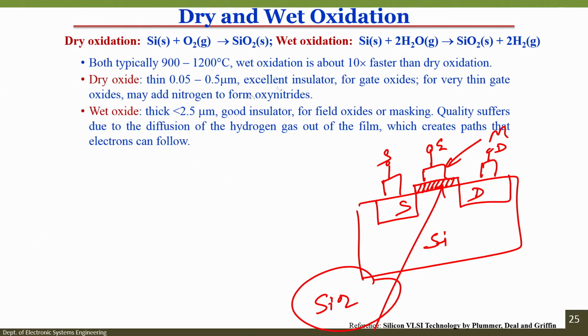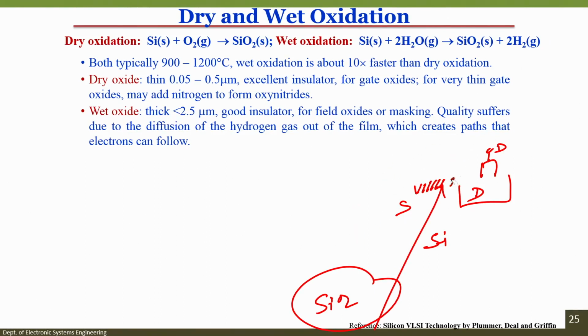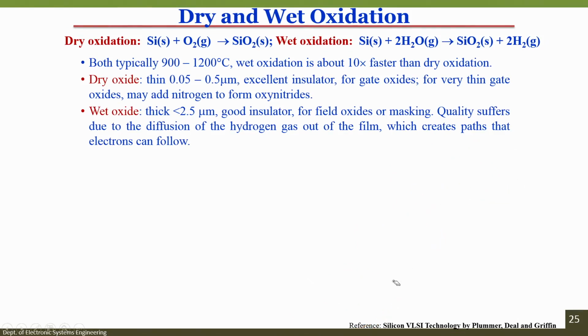While for the wet oxide, we can have a thick oxide, but less than 2.5 micron. It is a good insulator for field oxide or masking oxides, but the quality of this oxide suffers due to the diffusion of hydrogen gas out of the film.